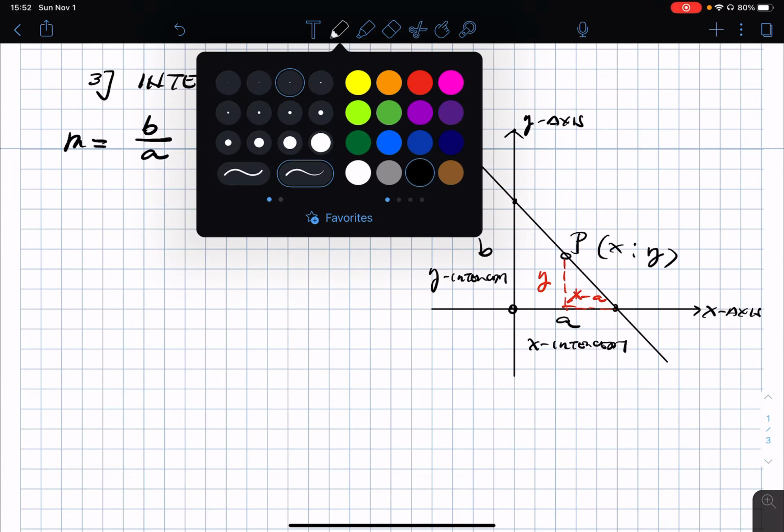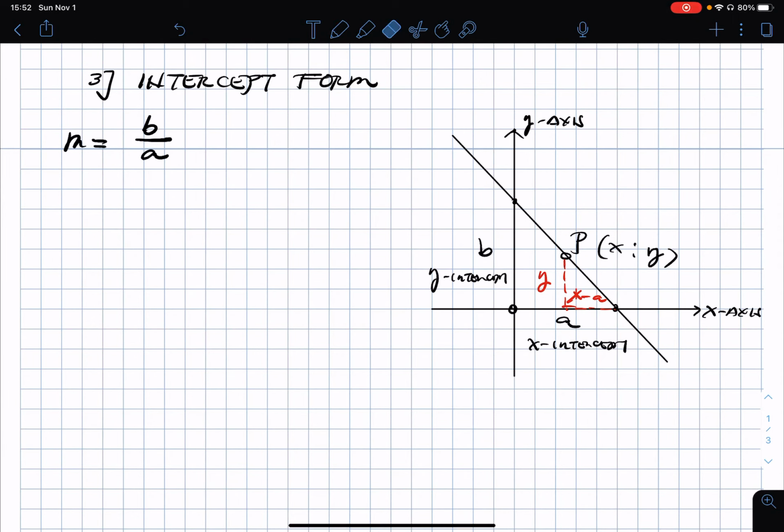Actually, it's a reverse. This is a minus x, because this distance is x and this is a. So a little bit confused there. The slope can also be expressed here by y divided by a minus x. So you're left with b over a equals y divided by a minus x.